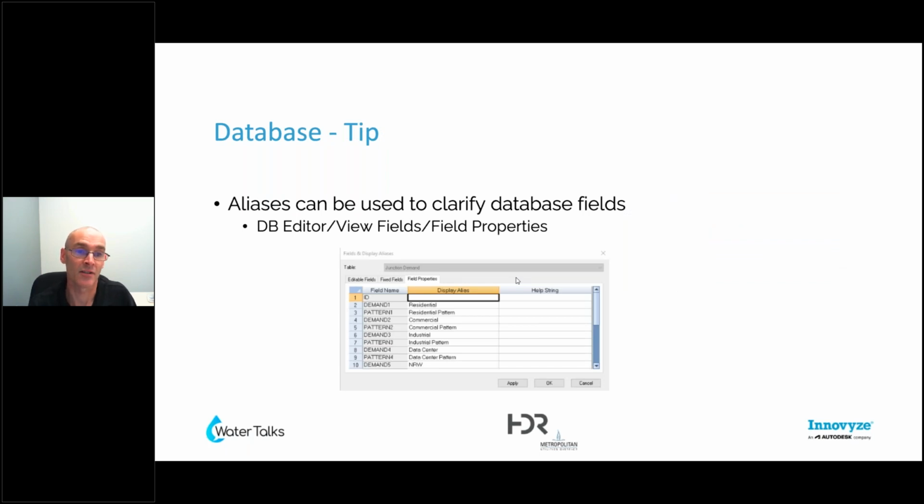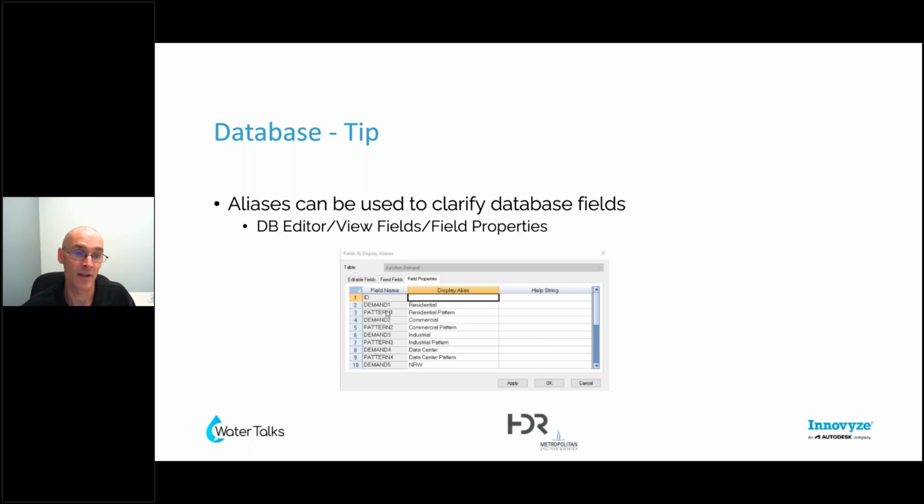So again, just a useful trick when you're dealing with that many demands or that many different fields. I don't know how many times I've gotten a model, there's demand 1 through 10, and I have no idea what those mean. Many of you probably know this, but in the DB editor, if you go to view fields, you can right click and go to the field properties.